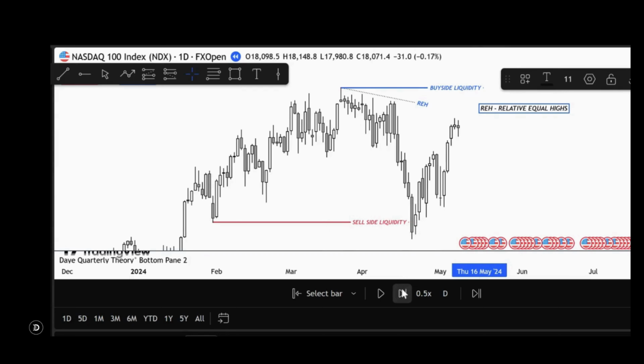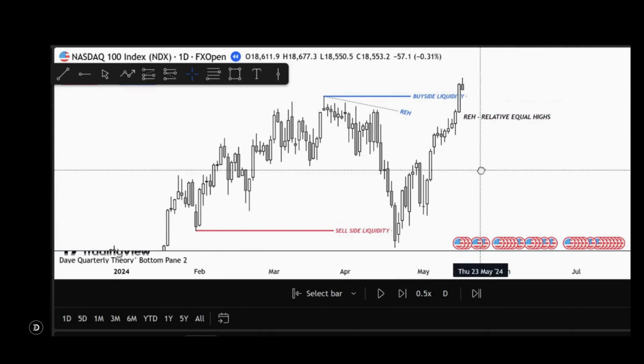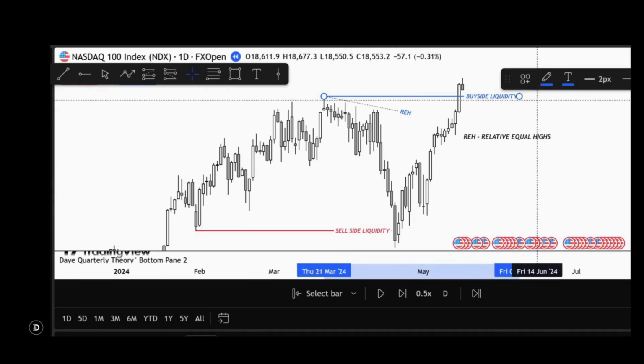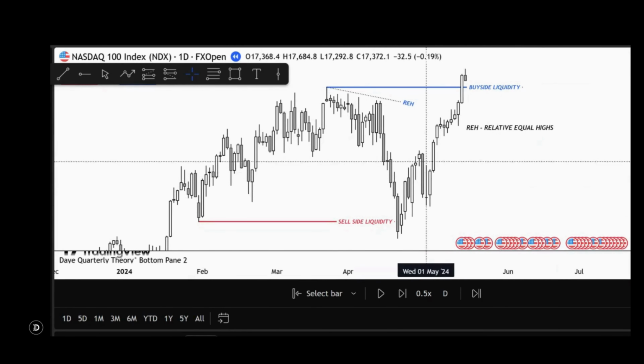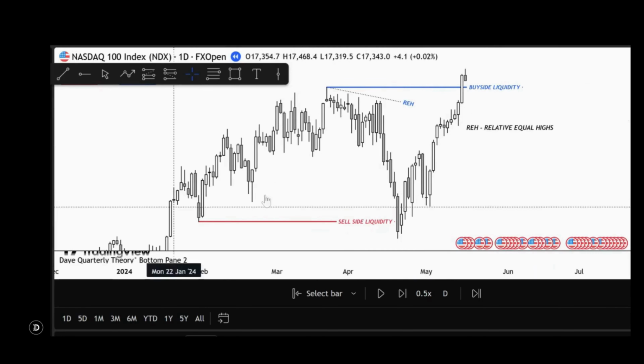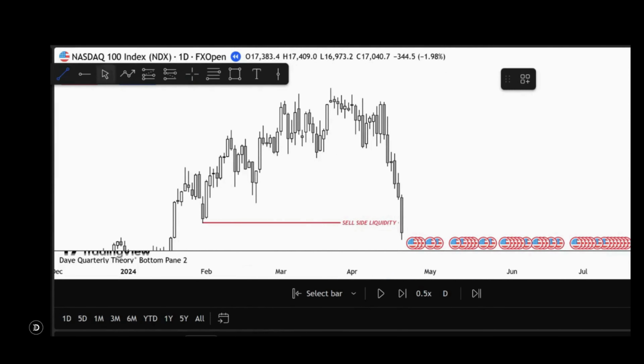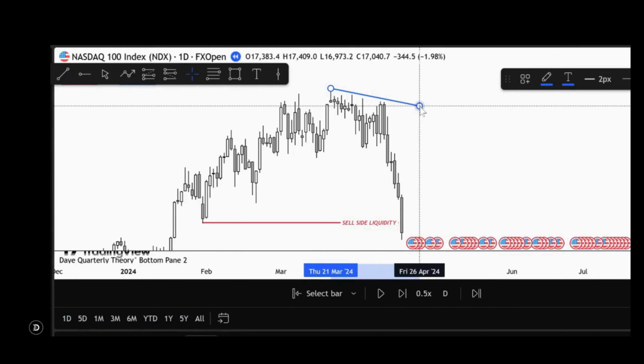So when you view price from that lens, your read of price gets easier, and you begin to get acquainted with price action. Okay, so you can see price eventually gravitates towards that high, sweeps out those relatively equal highs, right? Offering little to no resistance as price moved higher.